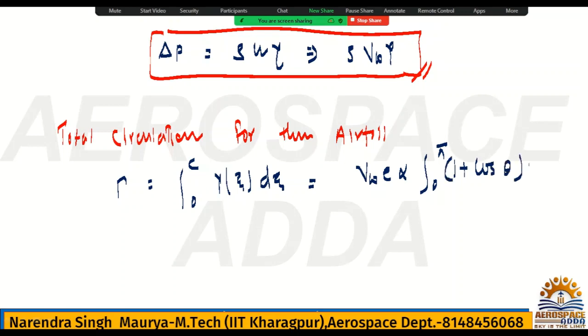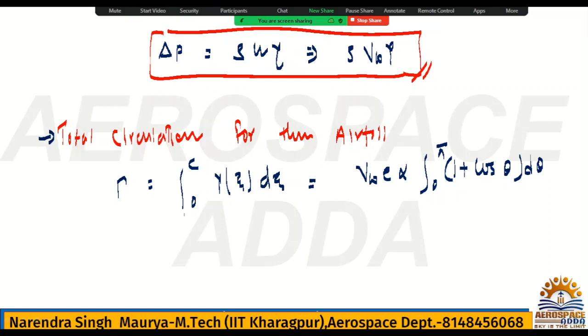this step I have written directly, because this is a very long derivation, but for getting the total circulation formula it is important. You are not going to do that derivation in the exam, you know very well. If you prefer a book, you can refer to Fundamentals of Aerodynamics, where the full derivation is given, but I suggest you just remember this value only.